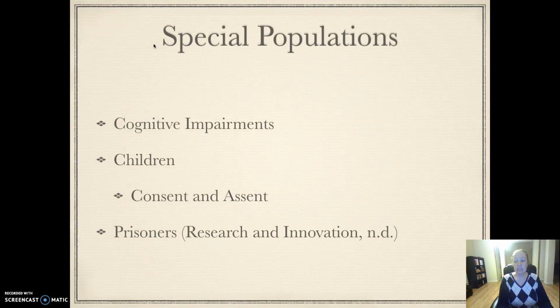Special populations that are considered especially vulnerable must always have IRB approval. These special populations are people with cognitive impairment, children, and prisoners. The major ethical concern with those that are cognitively impaired is the ability to understand what they are agreeing to in a research study.